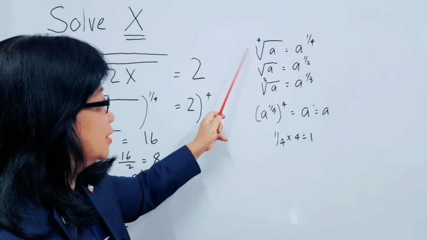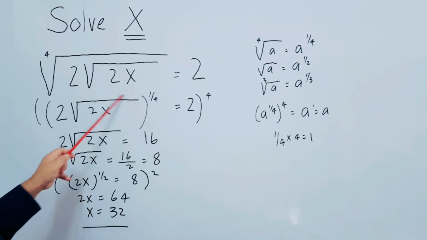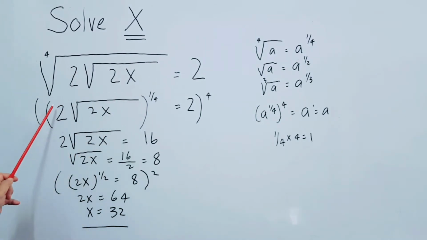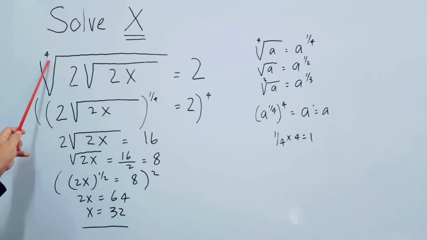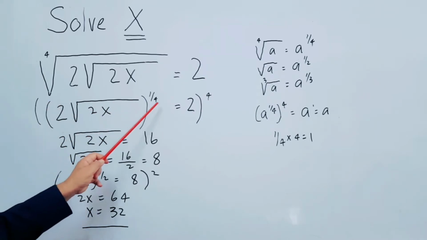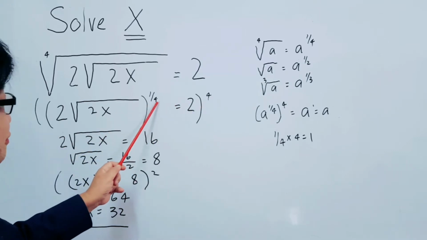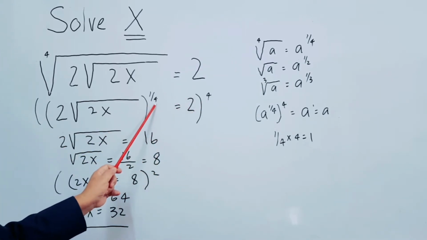So this one we will apply here. Inside, this is the a. Therefore, to rewrite this one, we have 2 square root of 2x raised to the power 1/4 is equal to 2. Now, to get rid of this 1/4, we have to raise it to the power 4. It will become 1.